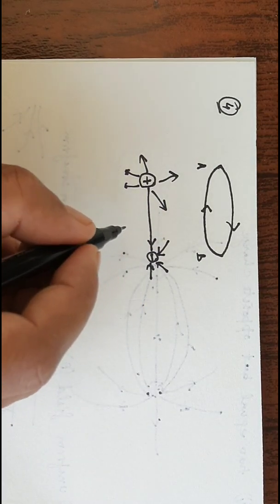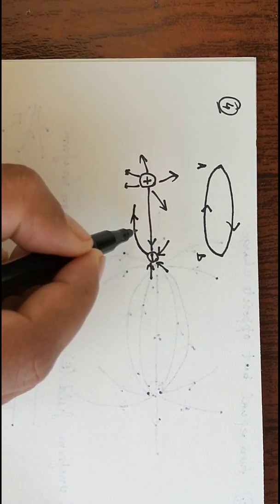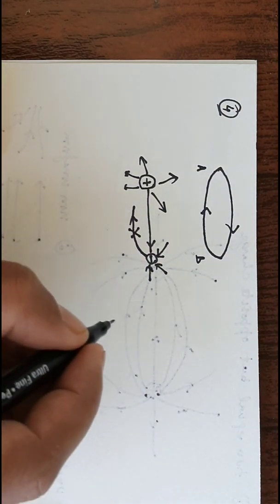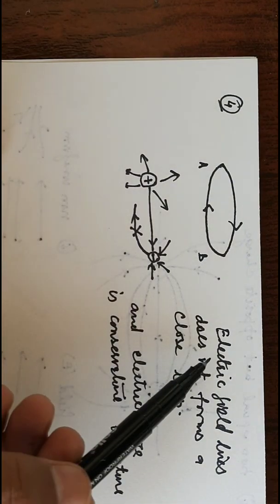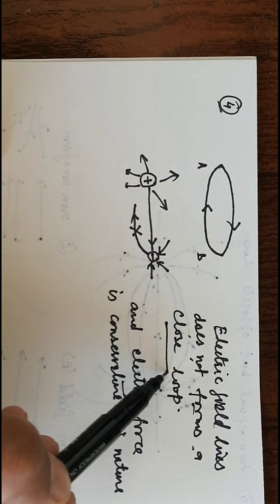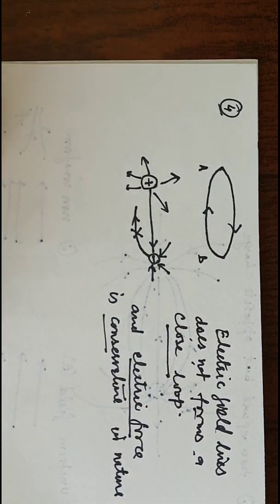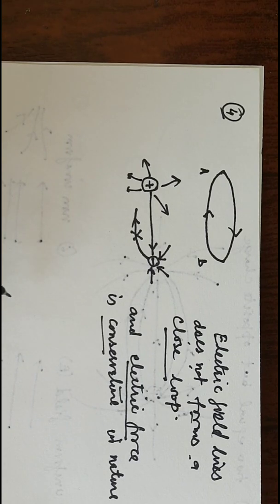So there will be no electric field lines from the negative to the positive. This is not possible. That is why electric field lines do not form a closed loop. And since it does not form a closed loop, it means that the electric force is conservative in nature. So these are the properties of electric field lines.